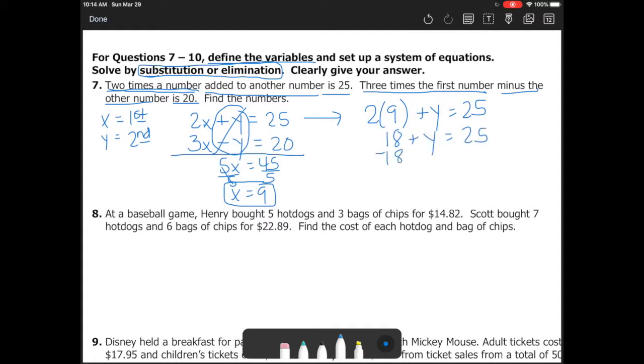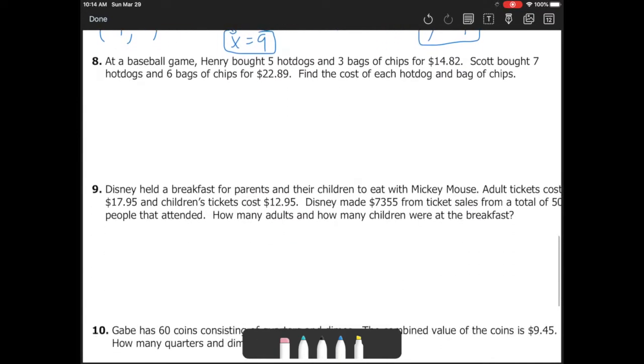Subtract 18 on both sides. And y is equal to 7. So your solution is 9 comma 7. All right. Really, it said find the numbers, and we did that. X equals 9, y equals 7. All right. Let's go to the next one.